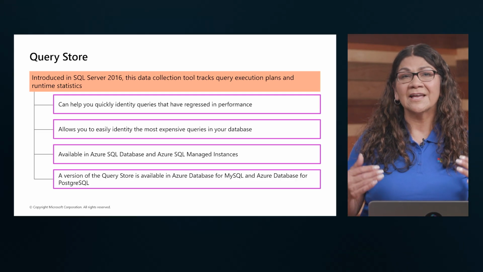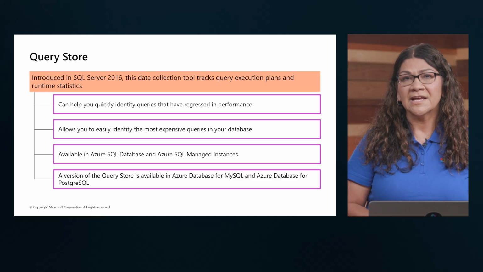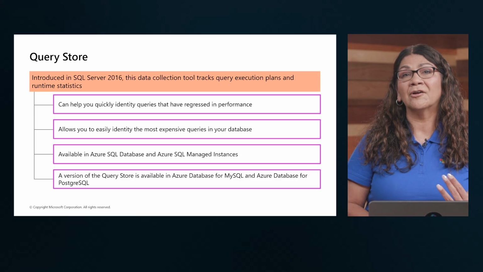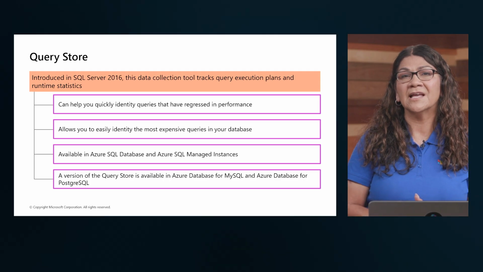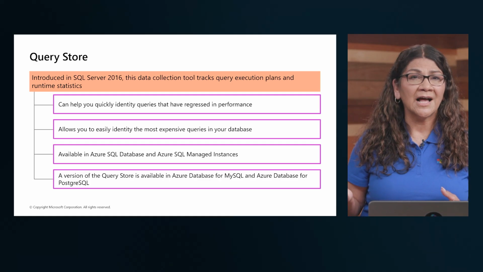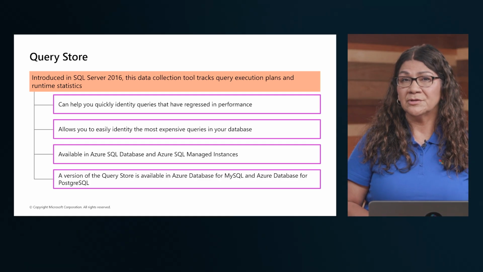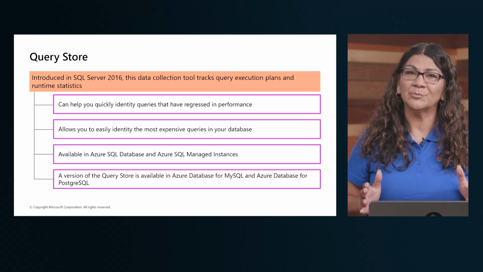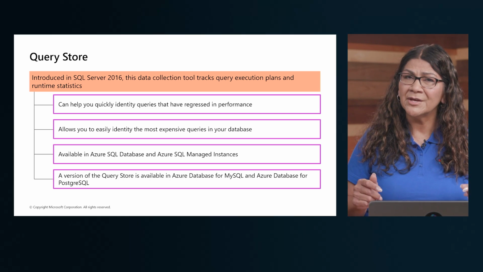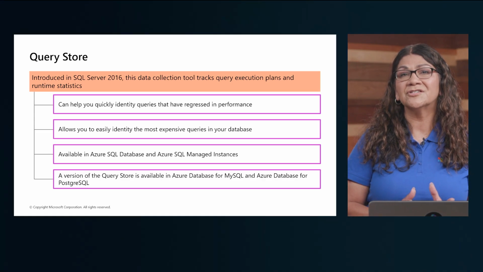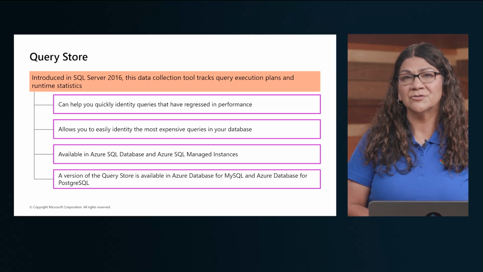It functions like a flight recorder for databases by persistently capturing and aggregating query execution plans and runtime statistics such as duration, logical I/O, and CPU usage. This enables database administrators to quickly detect performance regressions and pinpoint the most expensive queries, facilitating targeted optimization and troubleshooting.